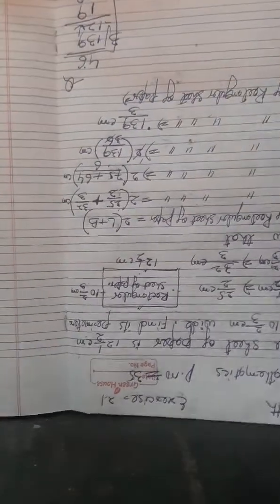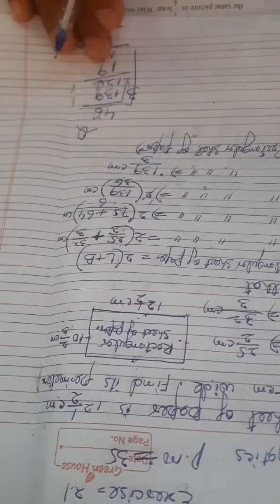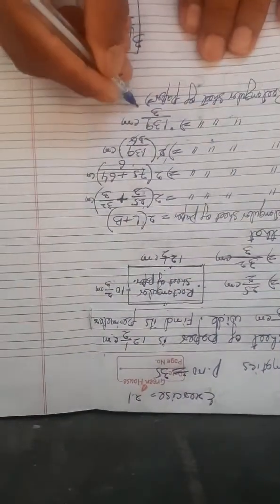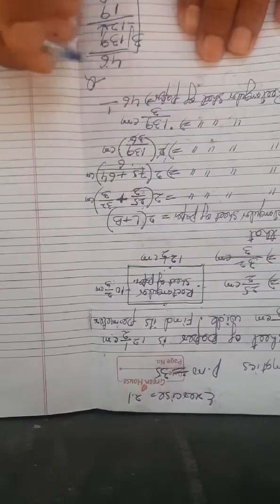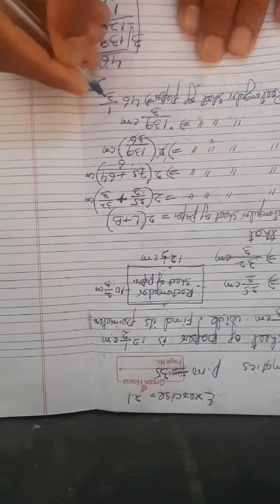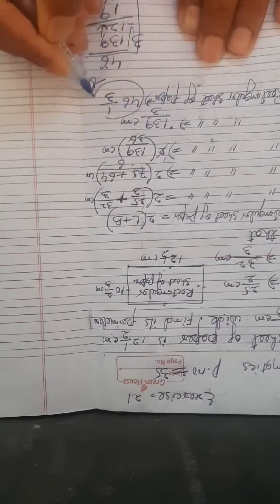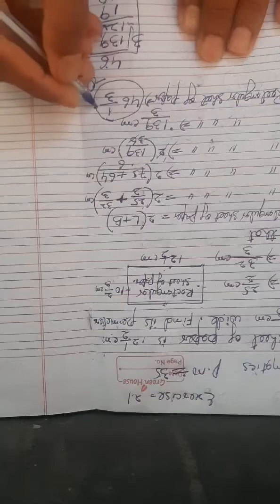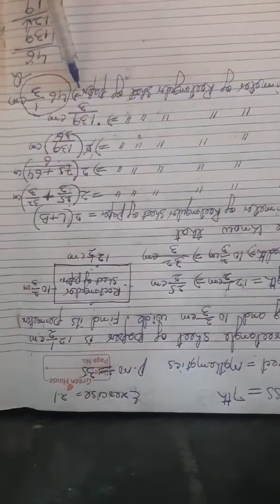Here 1 is our remainder. Then we will write this 46. The remainder is written here, and this is the answer of this question. 46 and 1 by 3 centimeter is the perimeter of the rectangular sheet of paper.